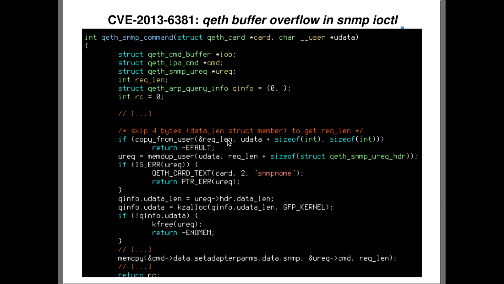That means that this variable is controlled by user space. Now, there's an allocation here on the way, but it's absolutely not concerned with reclen. Instead, reclen is next used in this copy operation down here as a third argument to memcopy. And the size of this buffer has nothing to do with reclen, and it's a static buffer.